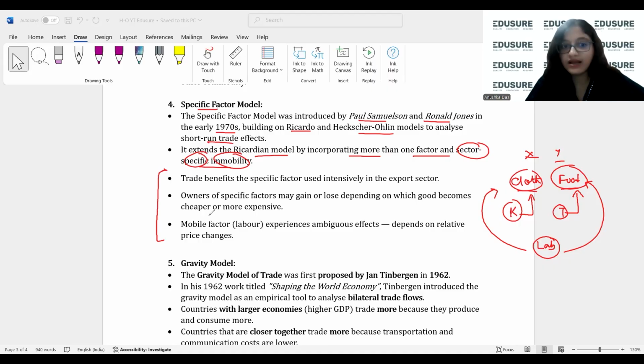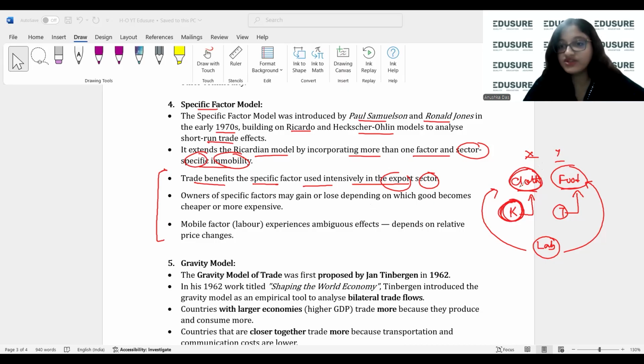Many questions, if a question comes, usually come from the outcomes of the specific factor model. What this theory tells you is that trade benefits the specific factor used intensively in the export sector, only in the export sector. For example, if capital is the specific factor that you use for your cloth production and your nation is exporting cloth, then due to trade, this capital factor will be benefited.